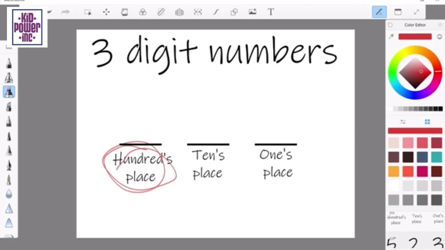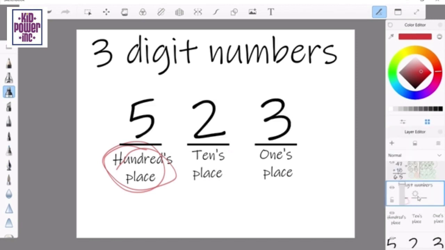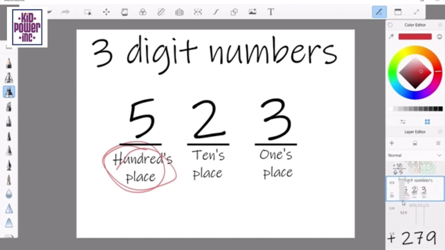So now take 523. So the 3 represents 3 ones, the 2 represents 2 tens, which is 20 ones, and the 5 represents 5 hundreds, which is 50 tens and 500 ones.